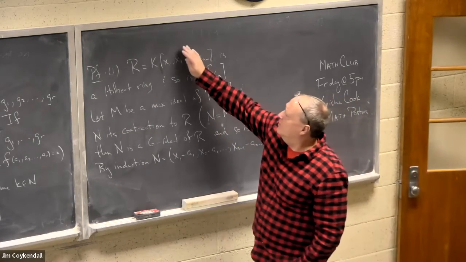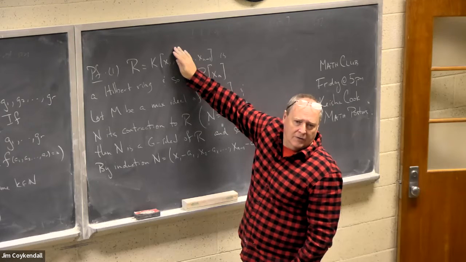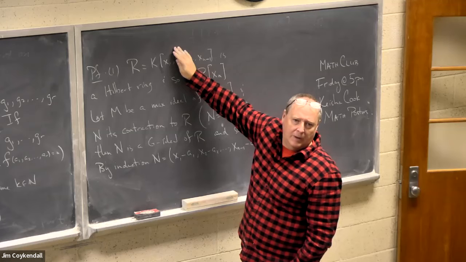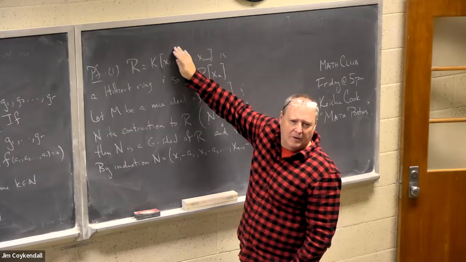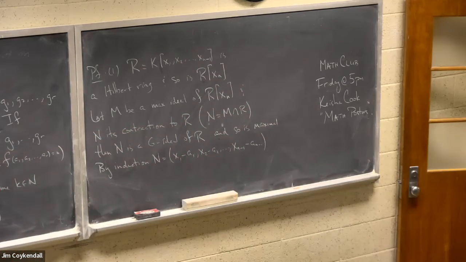Because the base case is just K[x1], and since K is algebraically closed, all the maximal ideals have to be generated by linear polynomials. It's a PID, generated by a polynomial that has to be linear. So by induction, we have N is of that form, and R mod N is isomorphic to K, and so also algebraically closed.